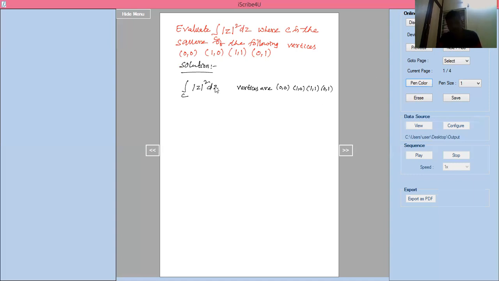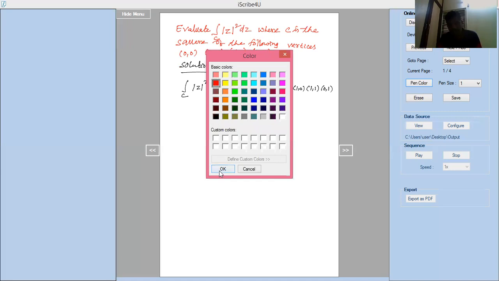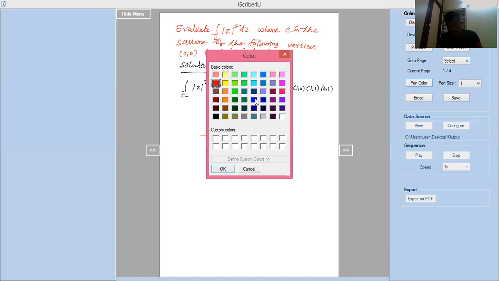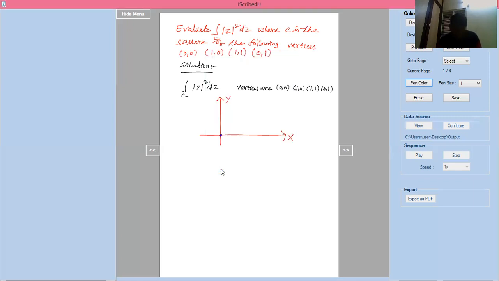We can simplify this by using the given curve. This is the x-axis and this is the y-axis. Here are the points: this point I will take as 0, 0.